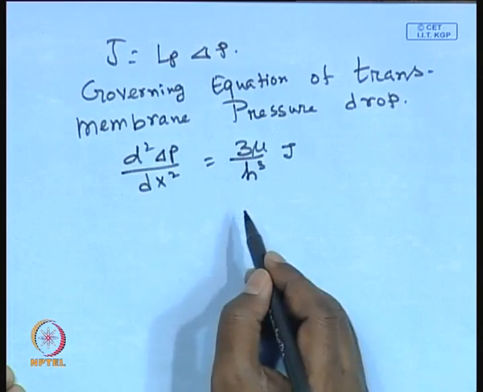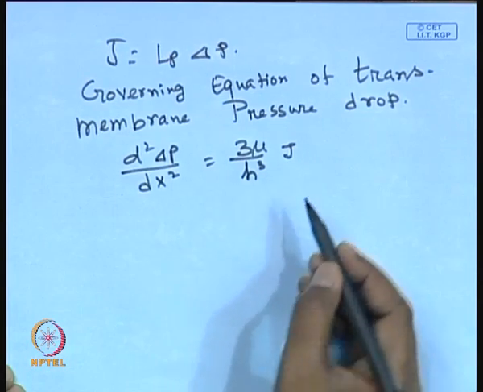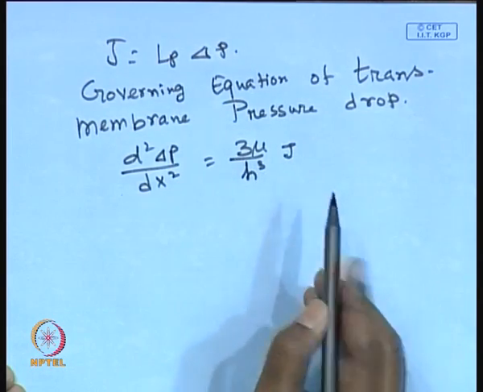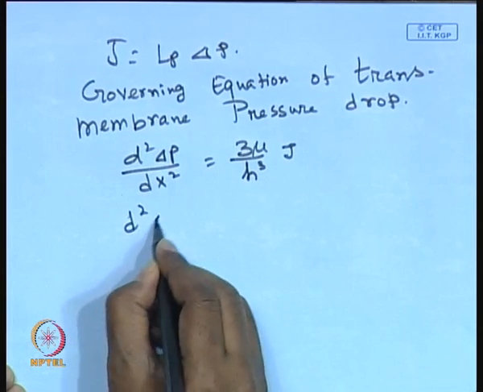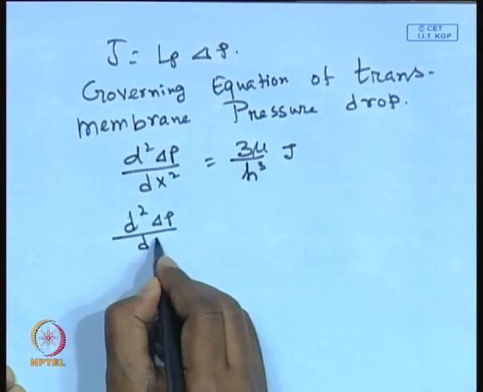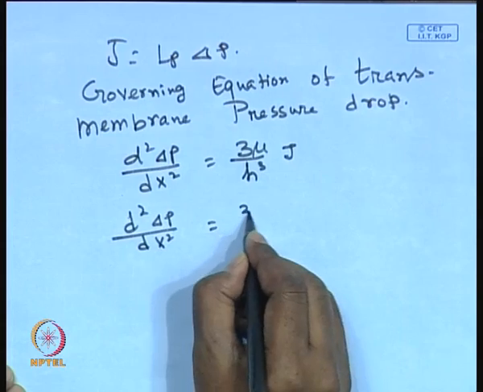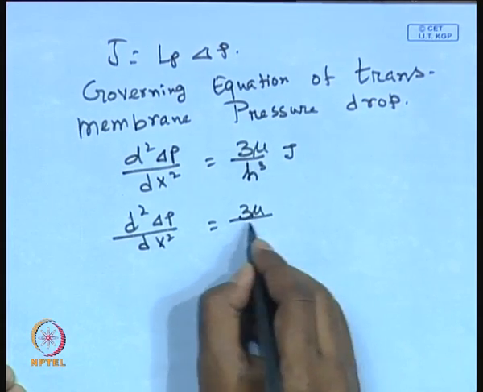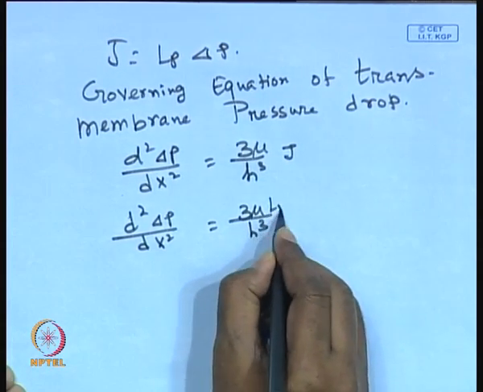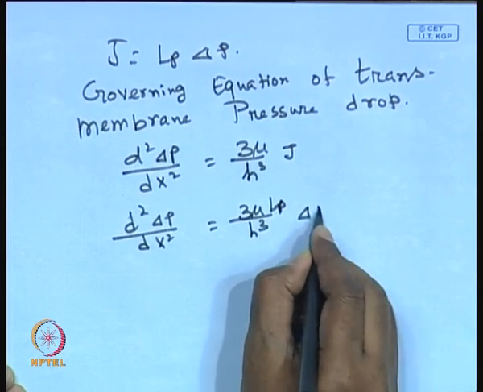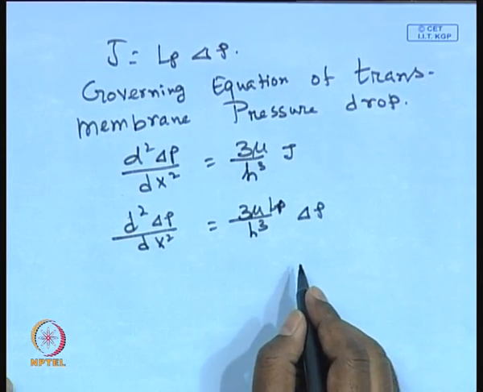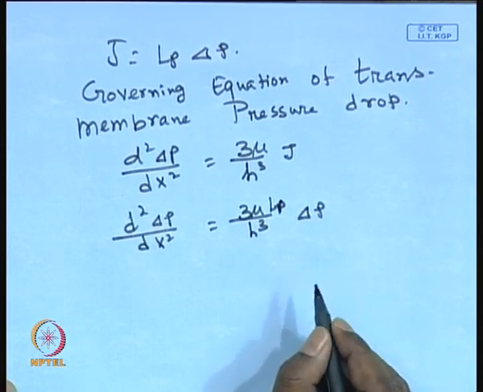I am just taking up the expression. Now we put J equal to Lp del P. So, this becomes d square delta p dx square is equal to 3 mu by h cube Lp delta p. Lp is nothing but the membrane permeability.